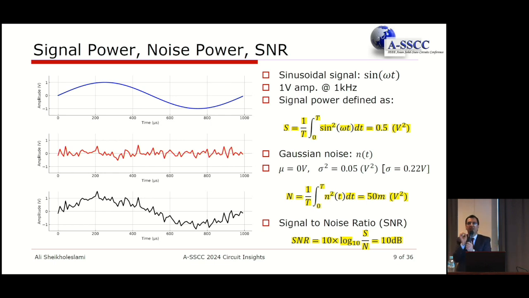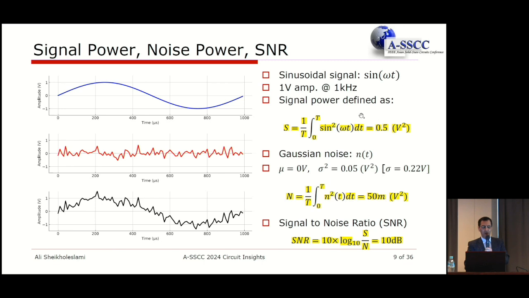But we are not looking at this. We are just normalizing to a resistor of value 1, and so we just say half volts squared as opposed to watts, right? So that's the first metric that I'd like to introduce. The power of a signal is the average of the square of that signal, and that would be half a watt.